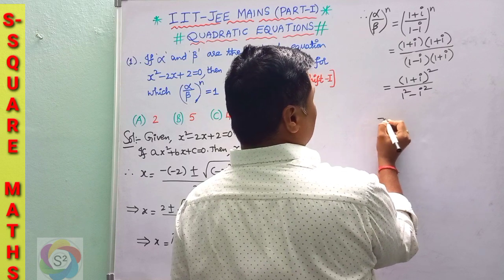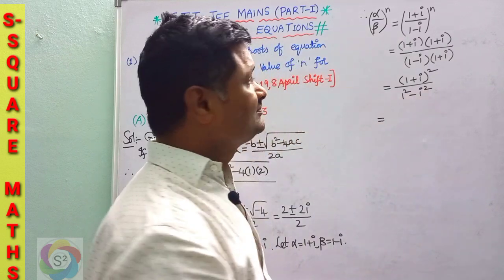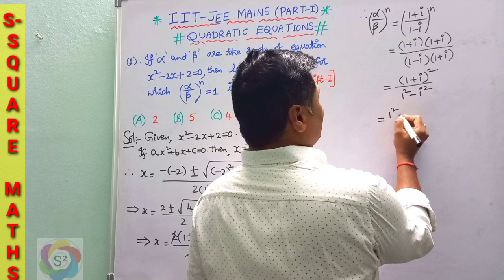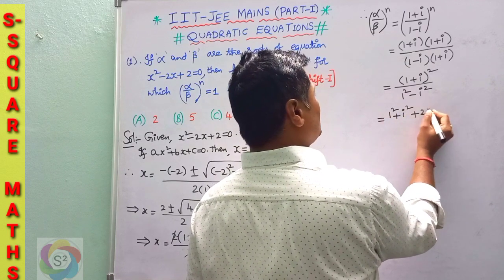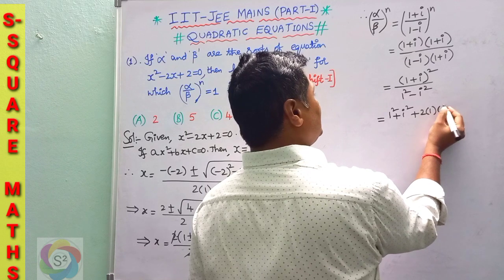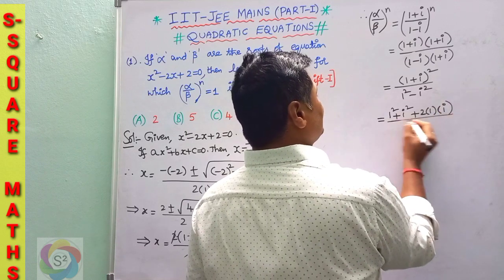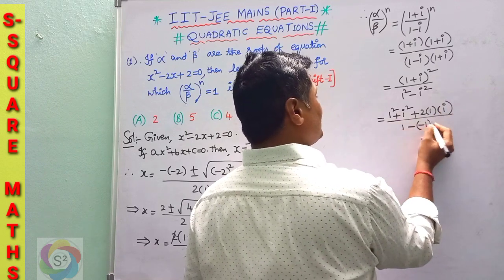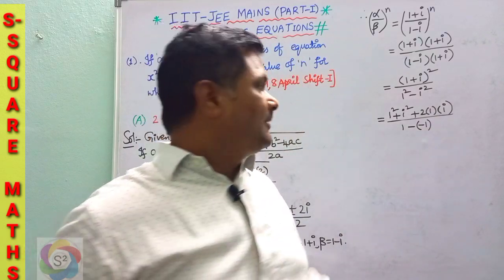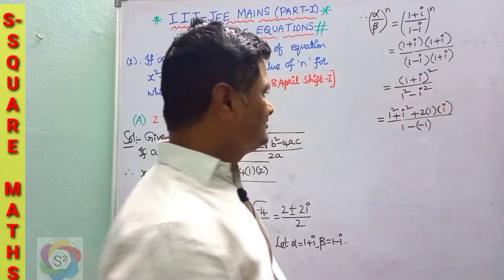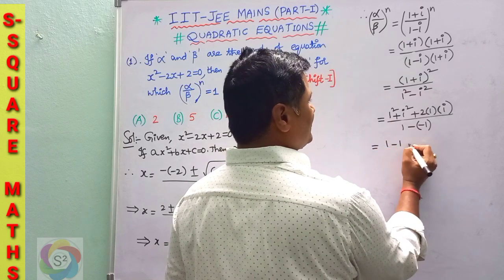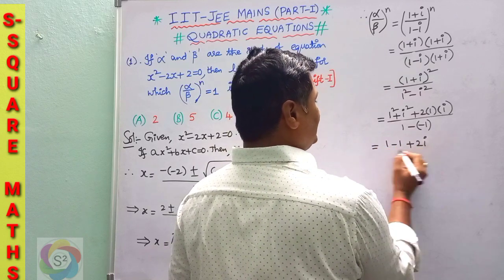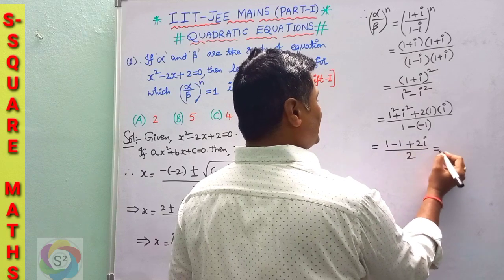Finally I can write 1 square plus i square plus 2 into 1 into i, by 1 minus of minus 1, because i square is minus 1. So it is 1 minus 1, i square is minus 1, plus 2i by 2.